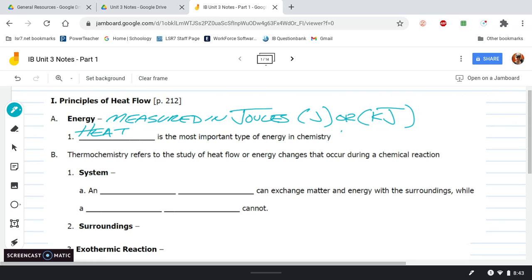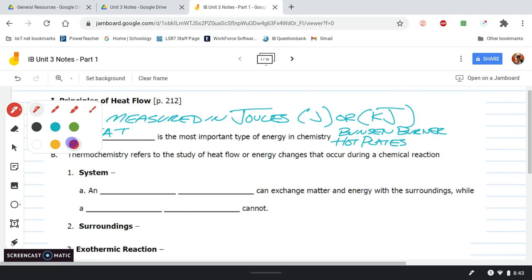So you have the Bunsen burner, right? So we use the Bunsen burner. We have hot plates. We have things that are designed to start chemical reactions. These are very common. And then think about when you have a reaction. So we have a firework, right? The firework blows up and it gives off all kinds of fun colors.